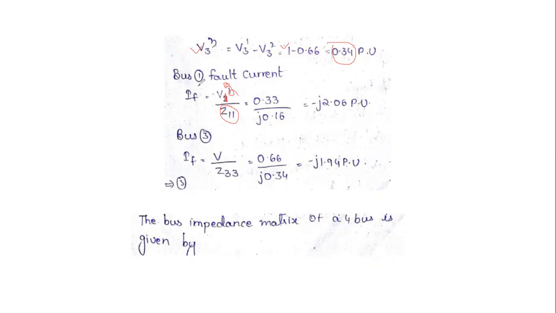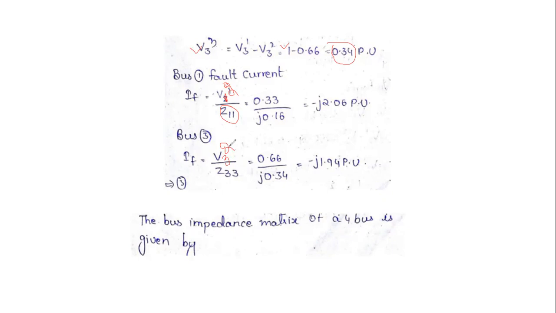Similarly, we calculate the bus 3 fault current. In the previous slide we already calculated the bus 2 fault current, and now we calculate the bus 3 fault current. IF is equal to V3², the voltage at bus 3 during the faulted condition.